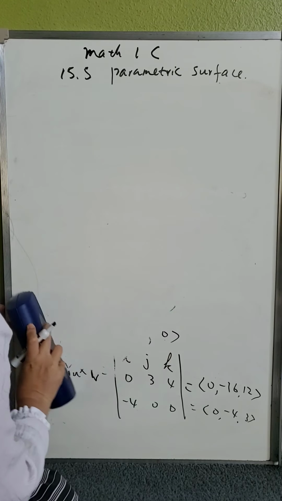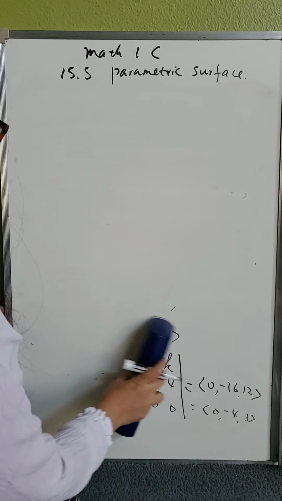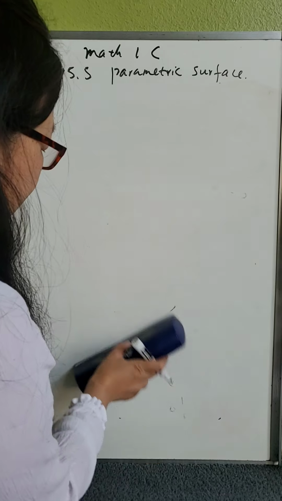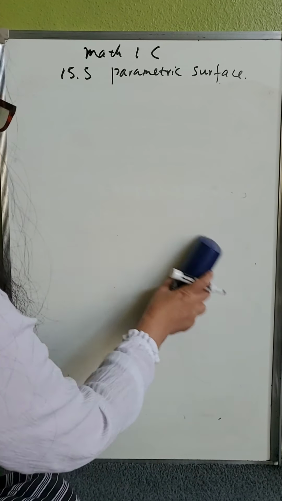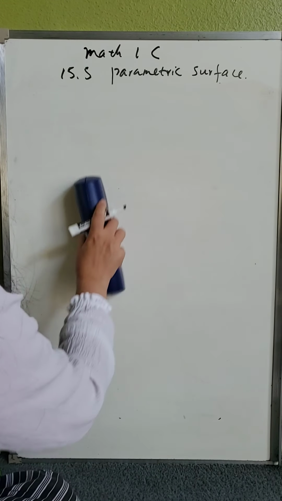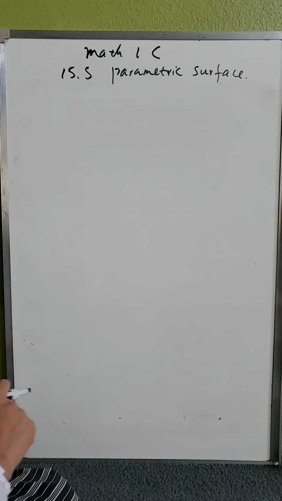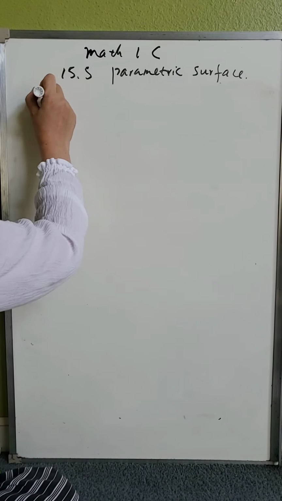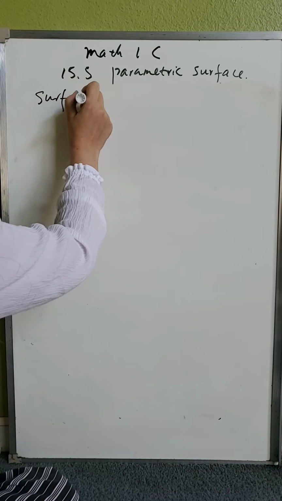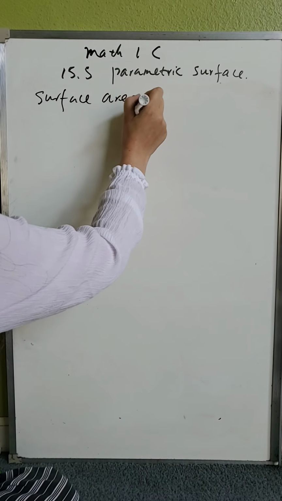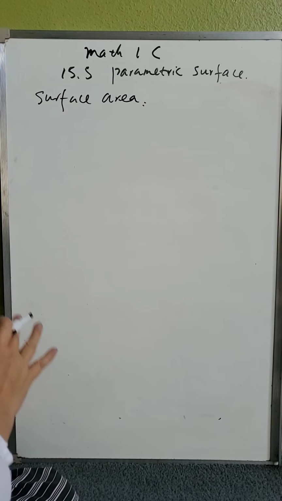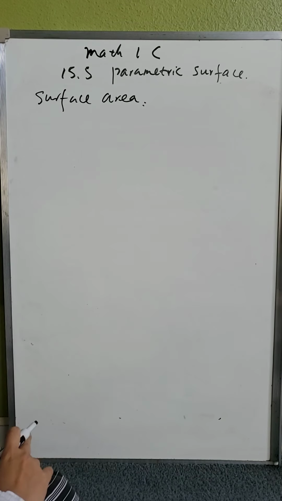The last part is the surface area. How do you find a surface area from parametric equations? We are not going to find a surface area in this session, but we will do it in the next session.